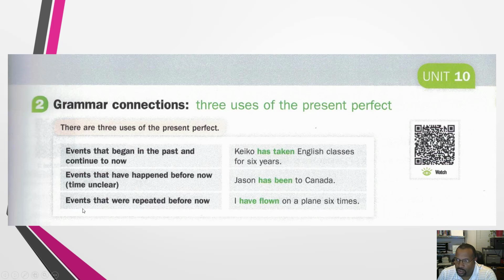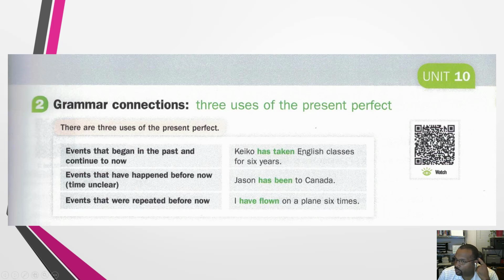And then the last use for the present perfect: events that were repeated before now. So this is events that happened in the past and were repeated. An example of this is, I have flown on a plane 6 times.